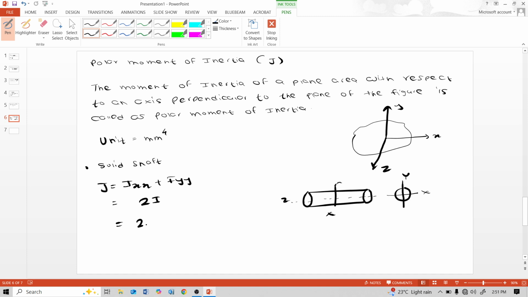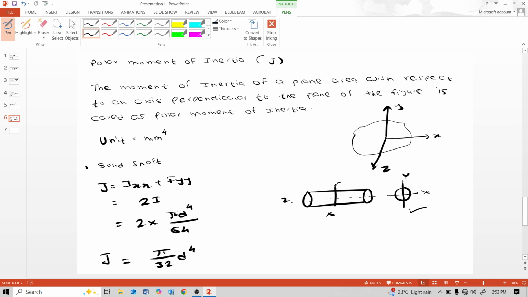The moment of inertia of this circular section is pi d raised to 4 by 64. So the polar moment of inertia for this circular section is pi by 32 d raised to 4.